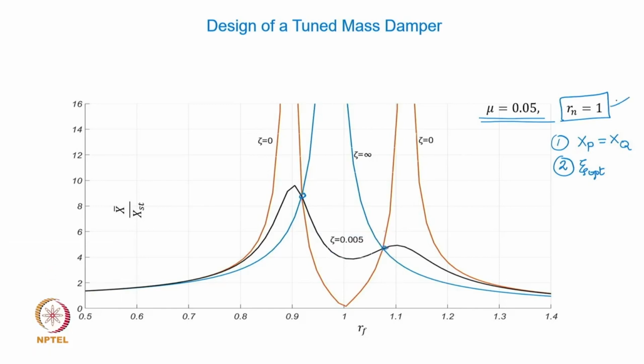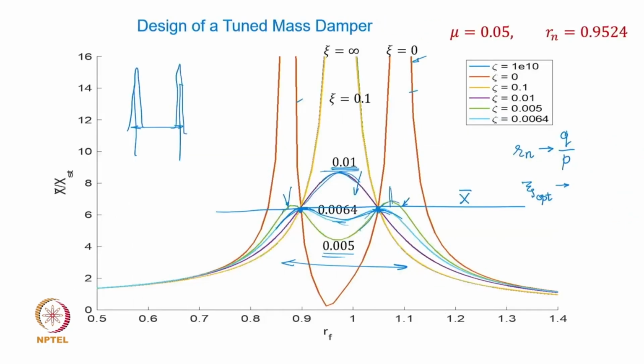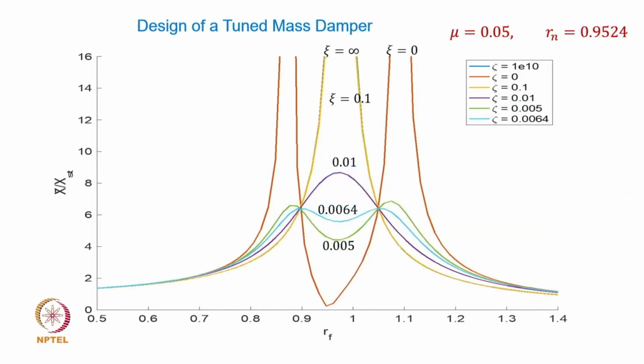Okay, this is what happens when Rn is not tuned. So by forcing these two amplitudes to be the same, you figure out what value of Rn to choose, and the next graph tells you that if you choose this Rn value properly, in this case it was chosen equal to this value. How we have chosen this is something which is going to come up shortly.